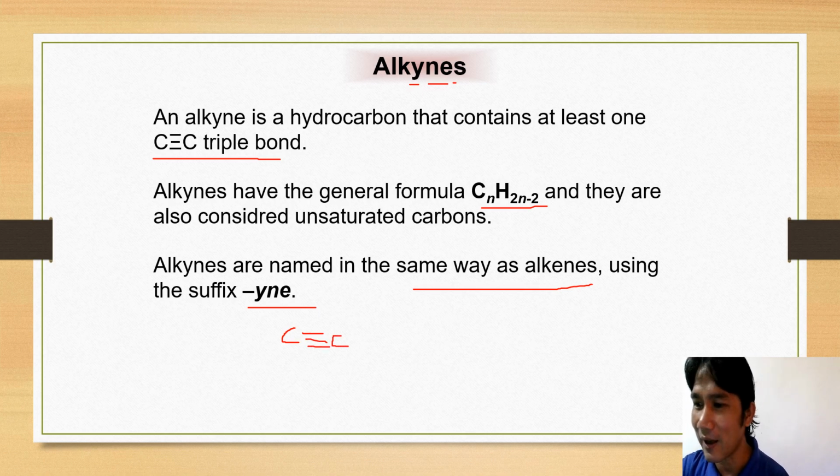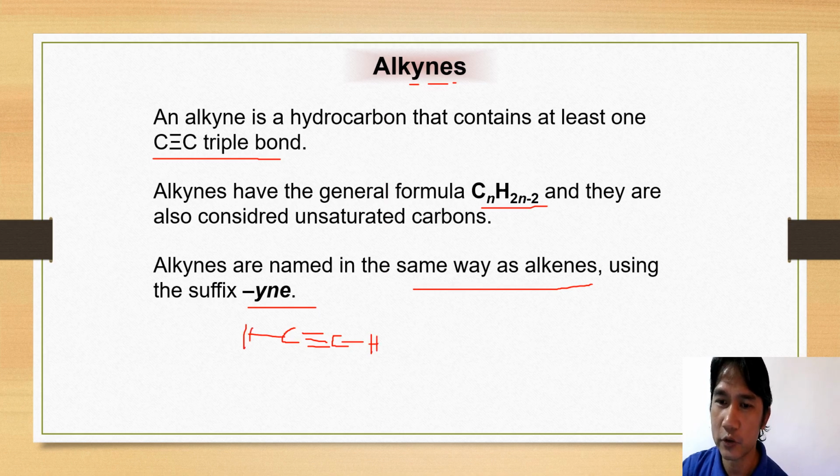You cannot have an alkyne with only one carbon. For alkane, it's possible, methane. For alkene, there must be two carbons. For alkyne, of course, two carbons also. So here, the carbon atoms already have three bonds.